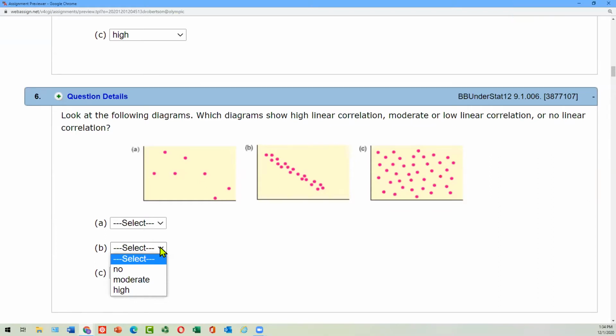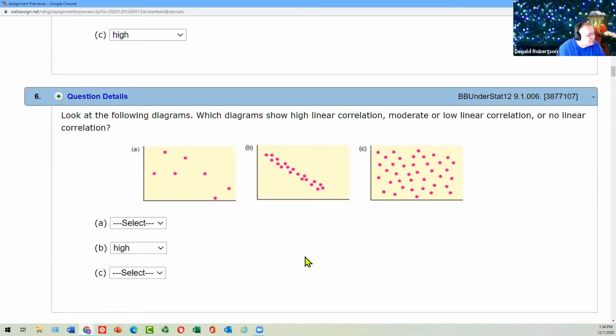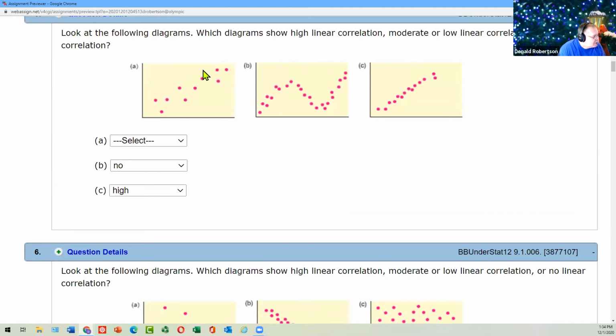High. I would go high. Would you agree the sausage is quite skinny? Would you agree this one would be more likely to be moderate? You see how kind of fat that sausage is compared to this one?